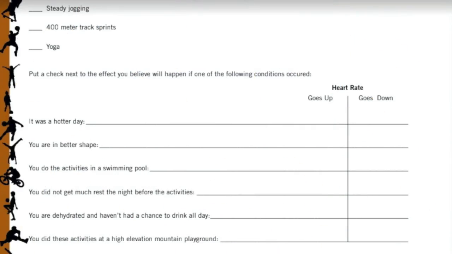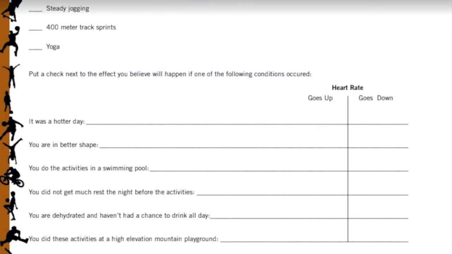Just some quick little things, again coming straight from our curriculum: if it was a really hot day, would your heart rate naturally go up or go down? If you're in great shape, that's another condition. What if you were doing activities in the swimming pool? What happens if you don't get much rest the night before the activities? Are you hydrated, and have you had a chance to drink all day?